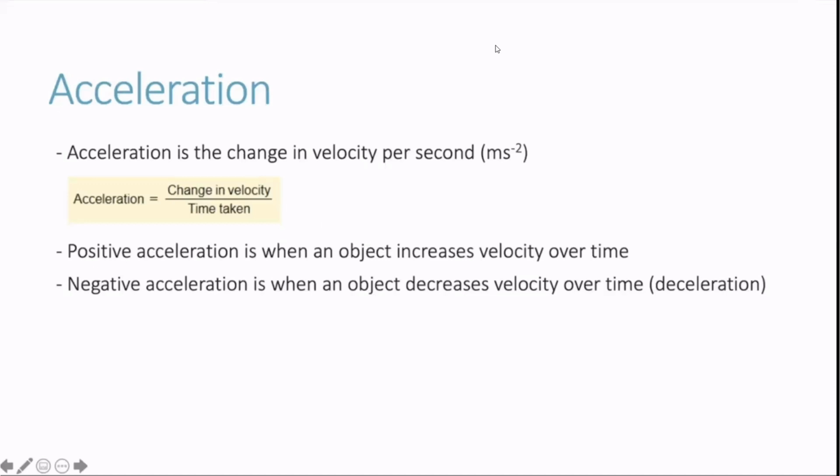Imagining x also equals 0, we have 250 divided by 5, which would give us 50 meters per second square.